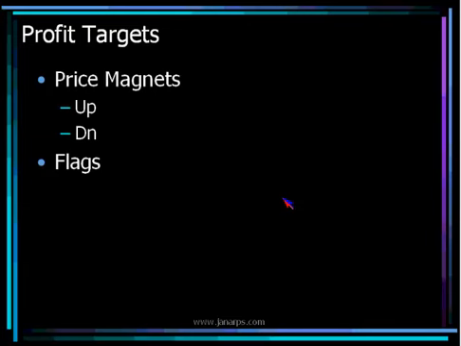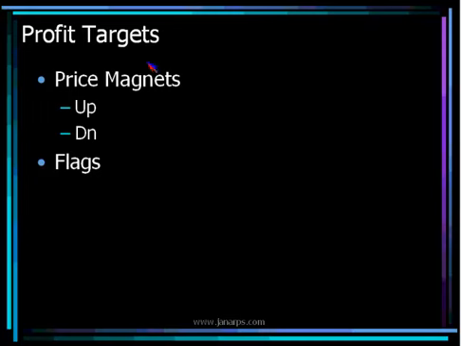Speaking of price magnets, let's talk about the price magnets for just a minute, because they're an important tool for identifying the profit targets. Profit targets are important because, as a wise man once told me, you can't hit your target if you don't have your target. So it's very important to have some sense of what you're shooting for in order to, one, gauge your success, and two, keep you in the trade to maximize your profits.